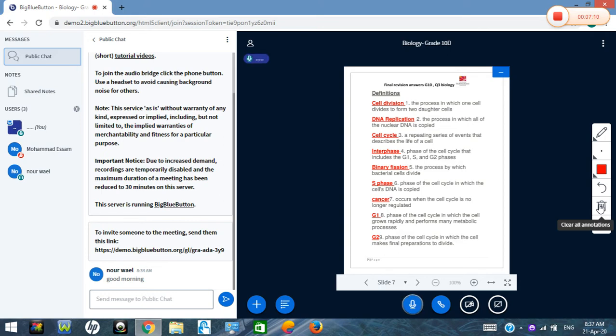The statement is: the process in which one cell divides to form two daughter cells. The process in which one cell divides to form two daughter cells is cell division.